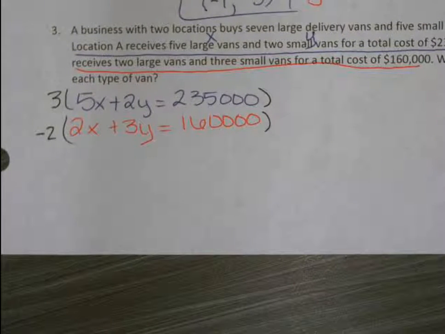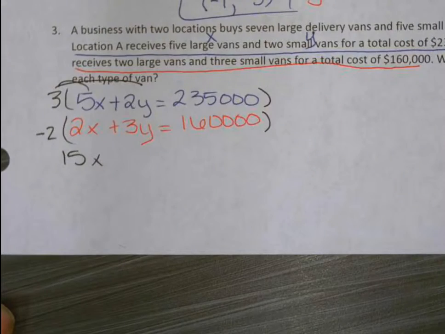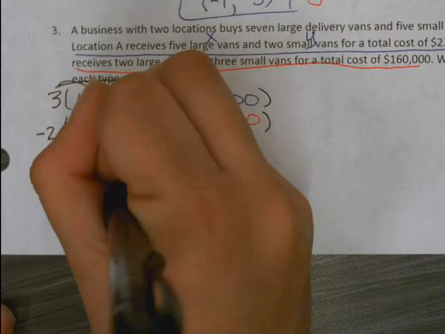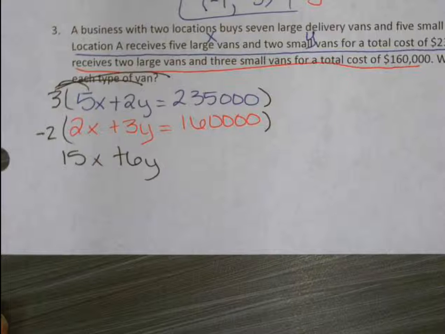Okay, so on the top equation, 3 times 5 is... 3 times 2 is... positive 6. 3 times 235,000.